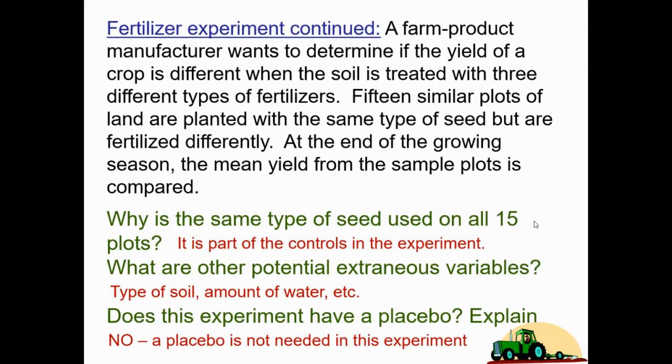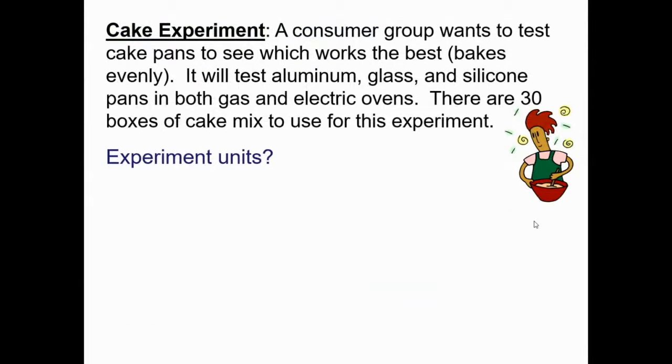Now this next example, some of y'all may have done something like this at home. If you make cakes and you want to figure out what kind of pan works best, well, a consumer group, that's exactly what they wanted.